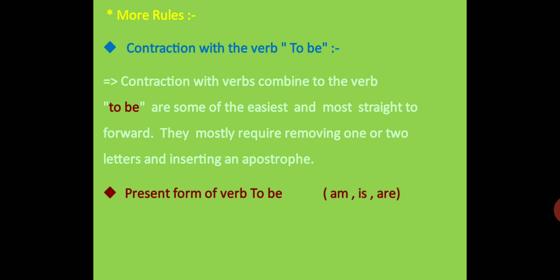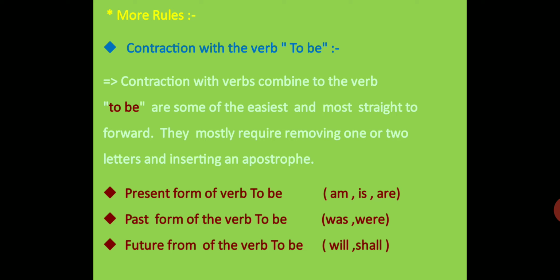The verbs to be are in three forms: present form, past form and future form. Present form of the verb to be are, which are they? Is, am, are. Past form of the verb to be are was, were.